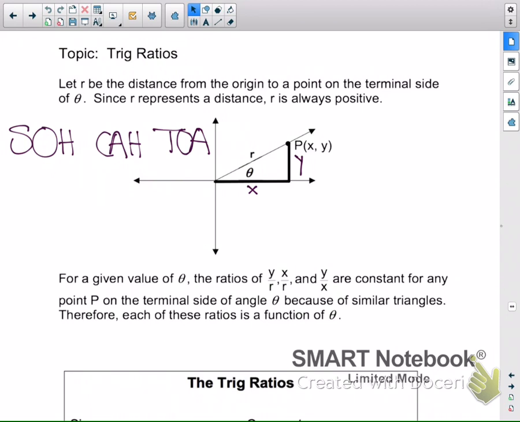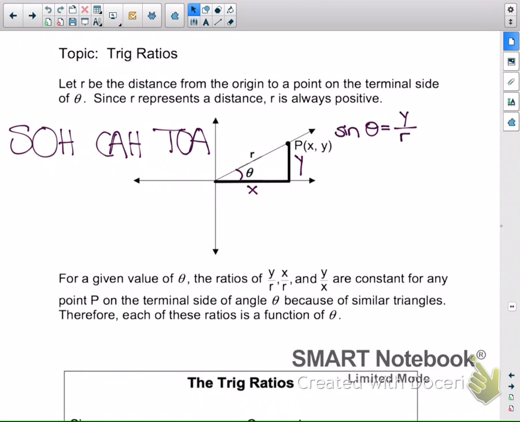So if you remember, when you set up sine of the angle, you said that's represented by opposite over hypotenuse from the OH there, right? In this triangle, given that this is our angle theta here, what is the opposite side from theta? Y over R. We're going to set up the same thing for cosine.